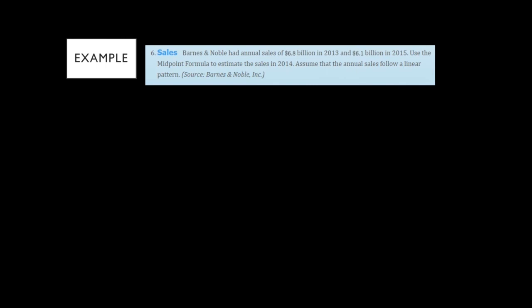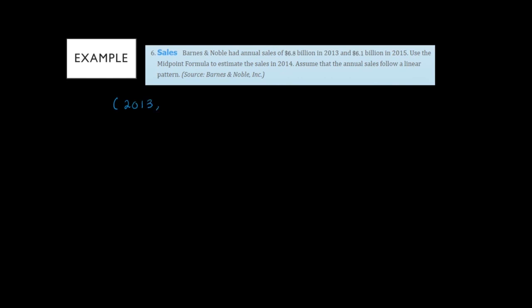The output and what we're observing or keeping track of, that's the annual sales. That's the Y, that's the dependent variable, because the sales depend on what year it is. What that output is depends on what happens that year. So when we write our ordered pairs, our time is going to be X. So the first ordered pair, we've got 6.8 billion in 2013.